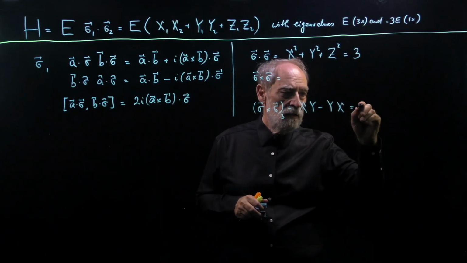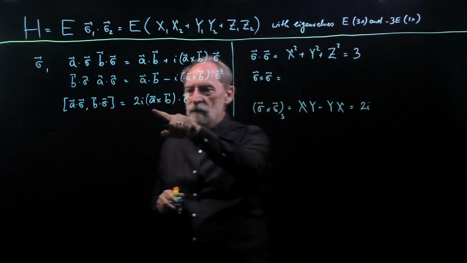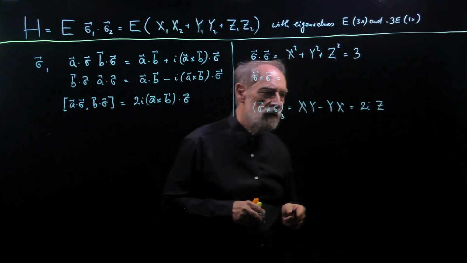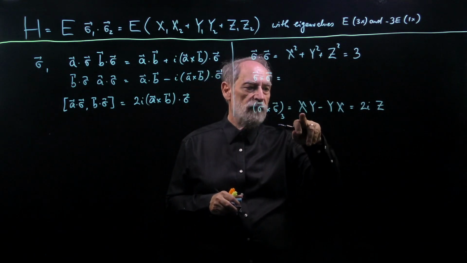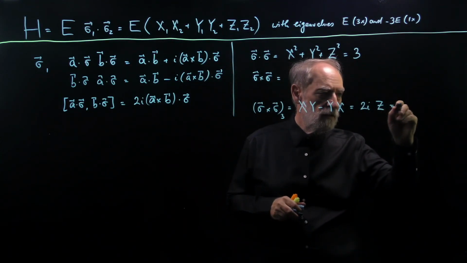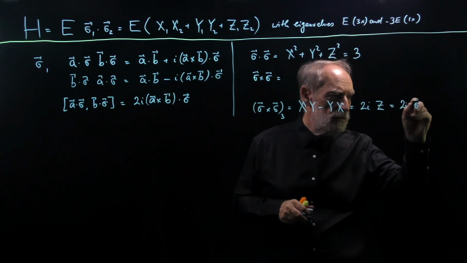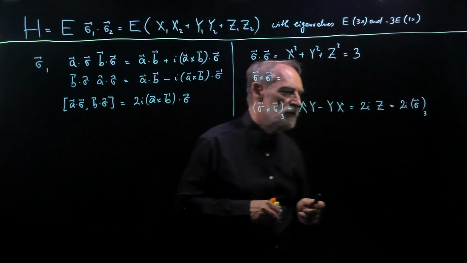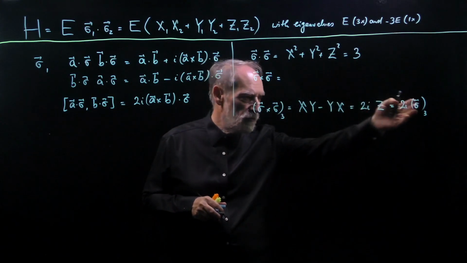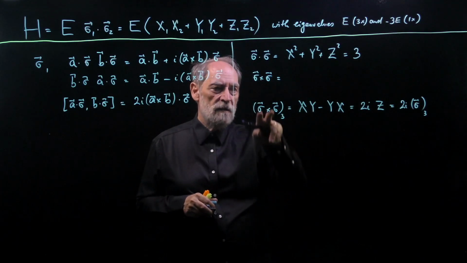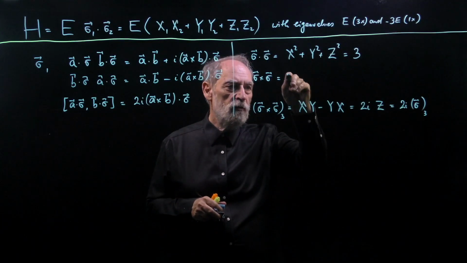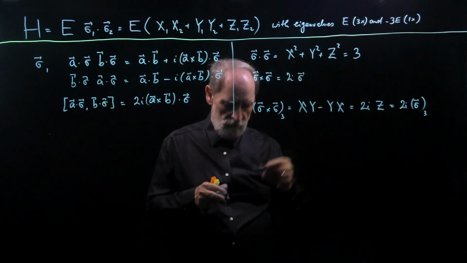So what we get is 2i times the unit vector in the third direction dotted into the sigma vector. So the commutator of x and y is 2i z. And this is 2i times the third component of the sigma vector operator. So what is true for the third component is also true for the first component and the second component. So we conclude that the cross product of two sigma vectors is equal to 2i, the sigma vector itself.